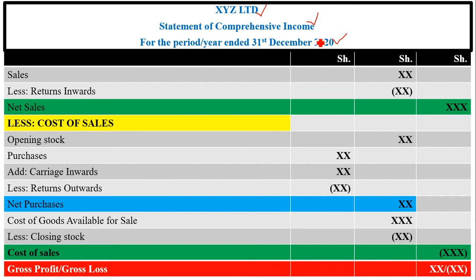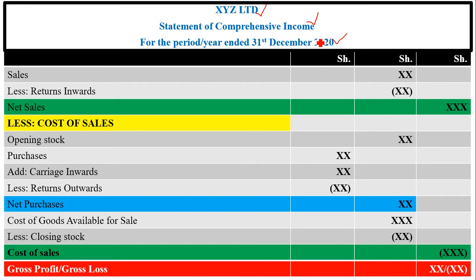So if an accounting period for a business is starting on 1st of January, then it ends on 31st of December. That 1 year is what we are calling an accounting period, or an accounting year. Or if in case a business is preparing its financial statements quarterly or semi-annually, it will still be based on the 1 year values.